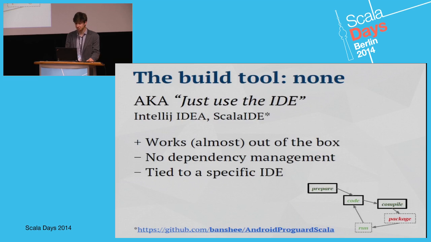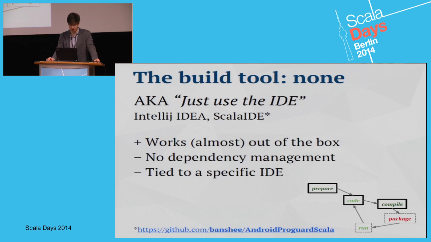If we start with the prepare, coding, and compile stages, they are pretty easy. I would say that the main thing is to choose a build tool. You can just use an IDE, both IntelliJ IDE and Scala IDE work. You just create a project. In the IDE you have to add the Android facet and the Scala facet, and then it works out of the box.